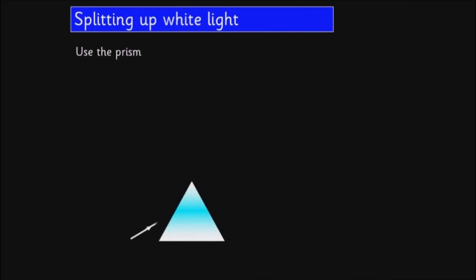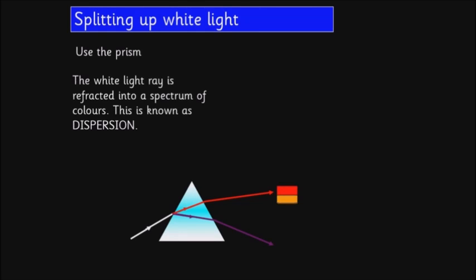Okay, so did we know about this originally? This is the prism experiment, which you might have done in the lab. If you use the prism, you can shine white light through a prism, and as it goes through the prism, it refracts, and this refraction is known as dispersion when the colours are shown. And you can see that red is refracted the least, and purple, or violet, is refracted the most.